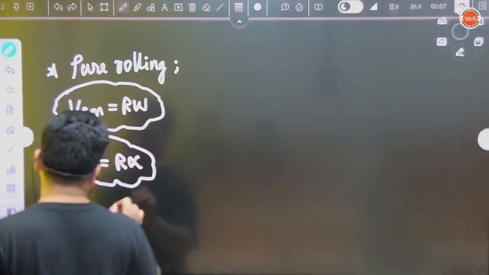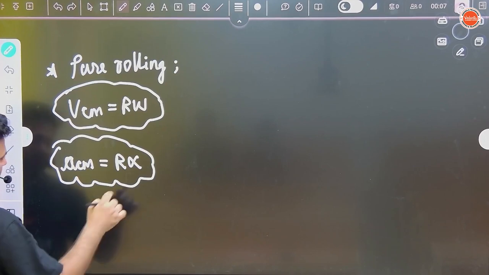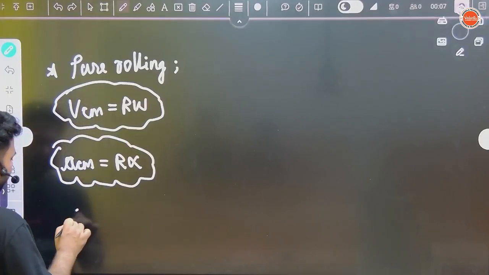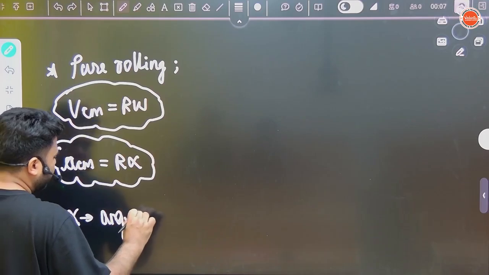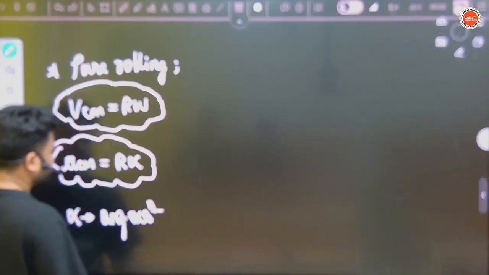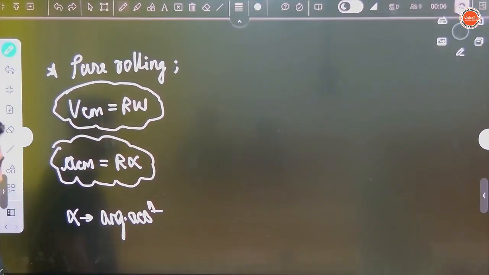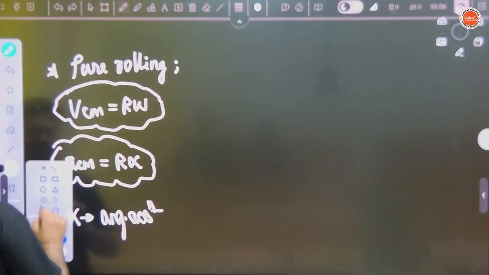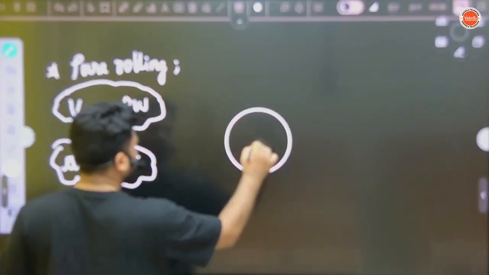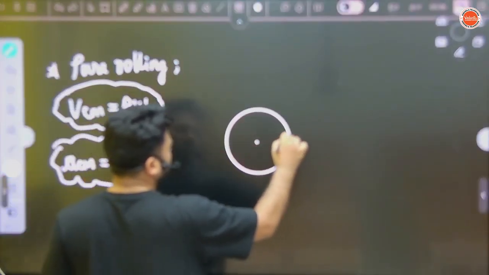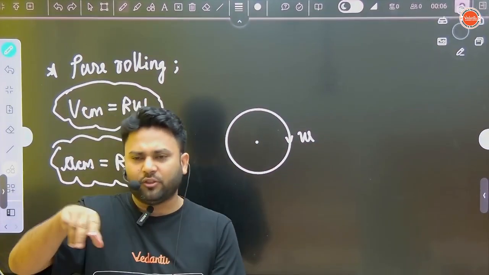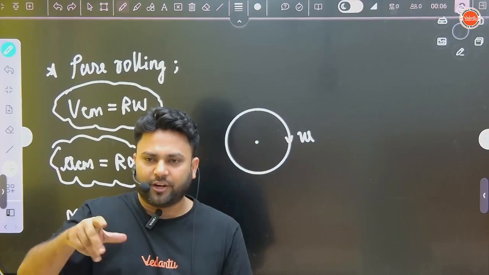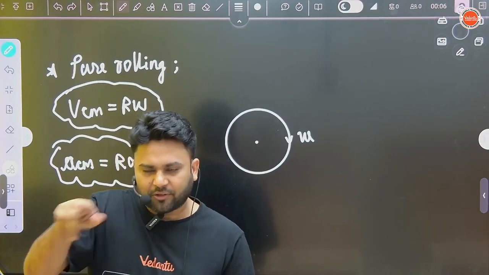Alpha, I told now, is the angular acceleration. Suppose there is a CD rotating with some omega. Now we rotate it faster, so the angular speed will increase.